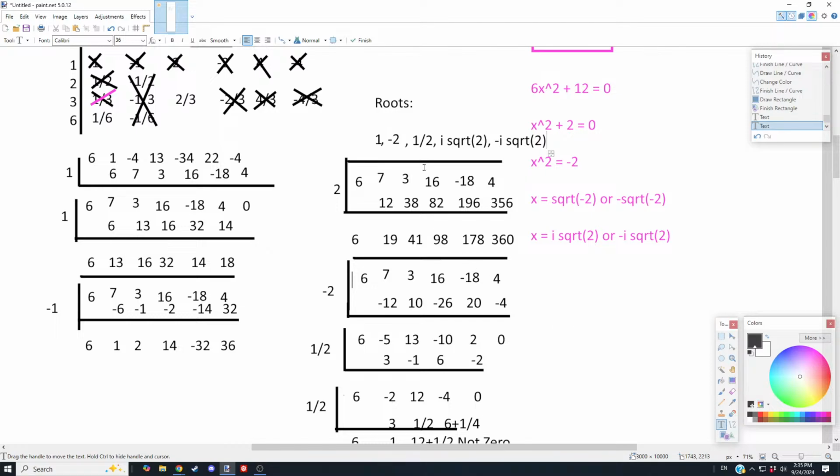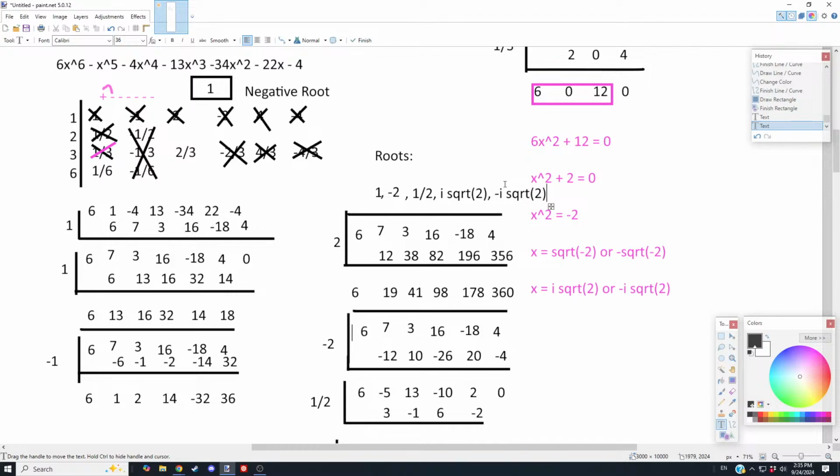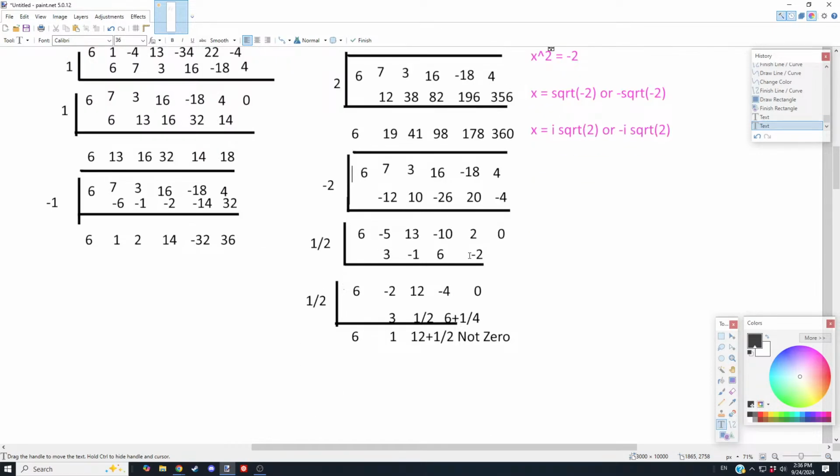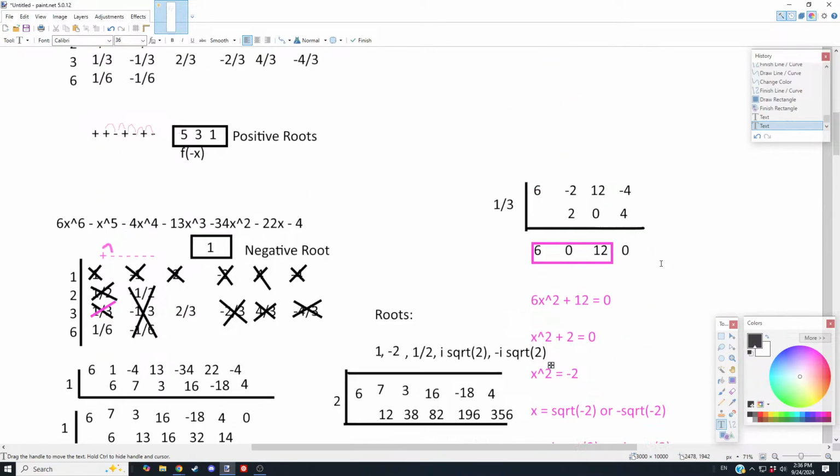Where's the last root? Only 5 of them. Oh, and 1/3 up here.